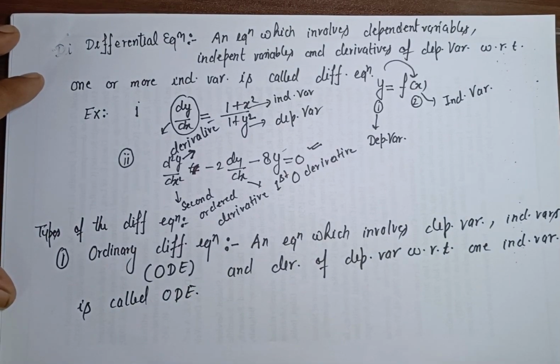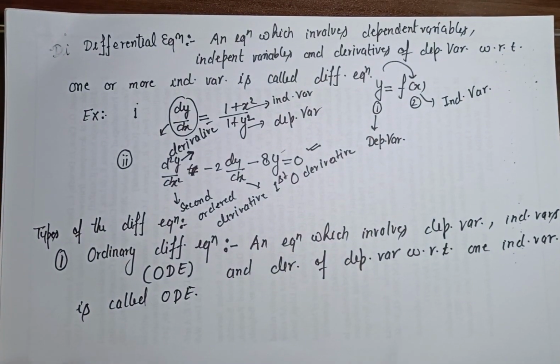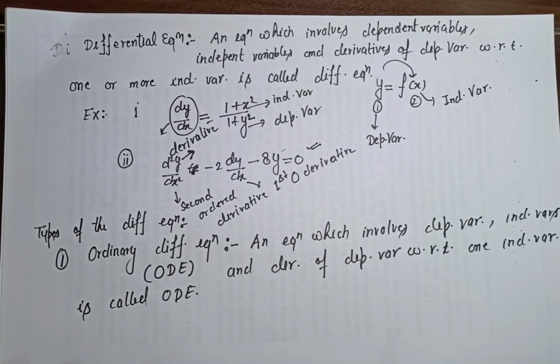Very simple. So there should be one independent variable in the case of an ordinary differential equation, right?